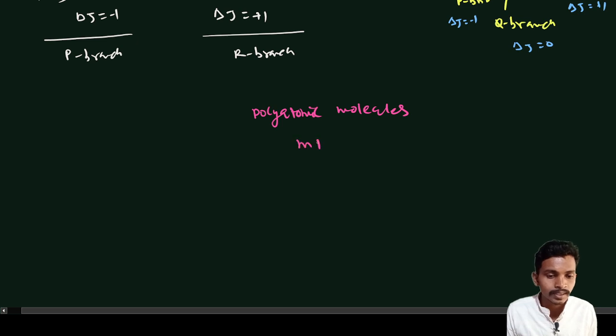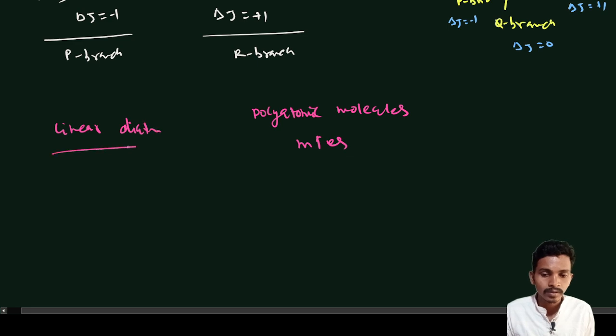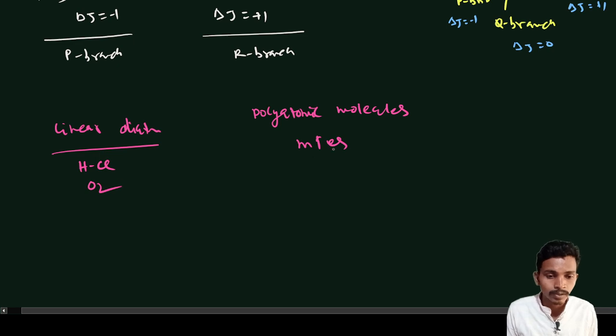Because the mass increases. For diatomic molecules, only two atoms are present, like HCl or O2. Whenever you talk about polyatomic molecules, more than two atoms are there, like H2O or NH3, so the mass is increasing.